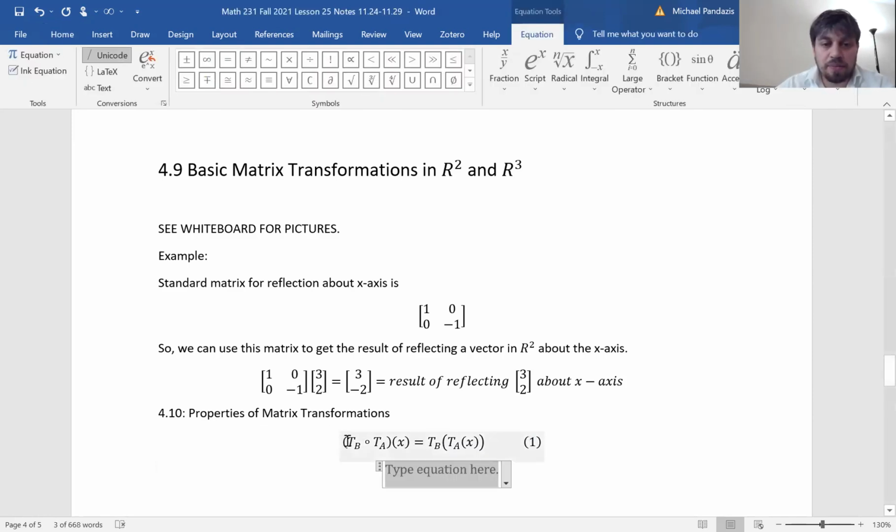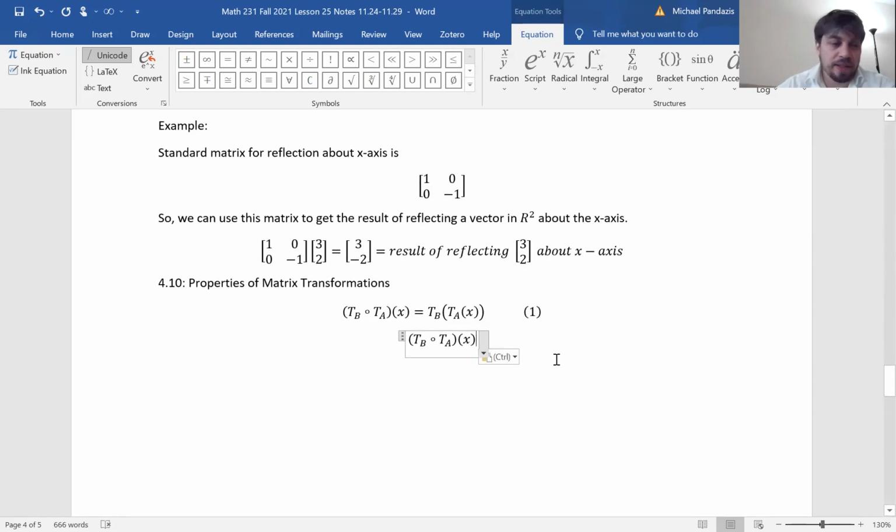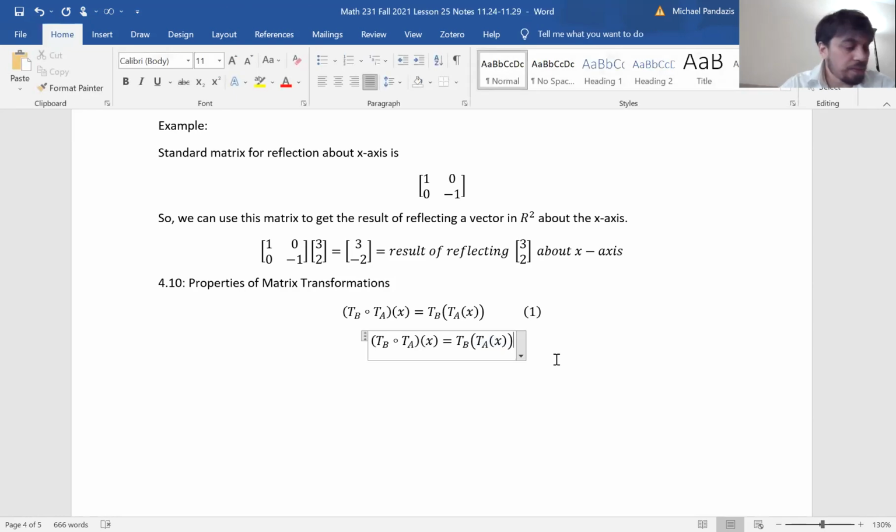Here T sub A and T sub B are matrix transformations.